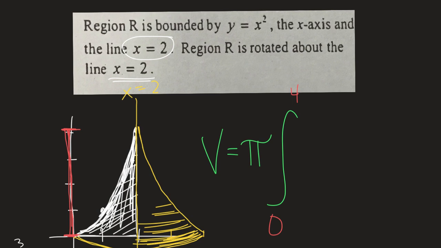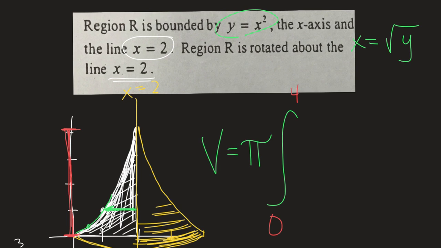So we need to figure out what the radius is. How do we find the radius of this function? It's a horizontal radius, so we're finding the difference between this curve and our line. If we have y equals x squared, that means x equals the square root of y, right? Because this is now an x distance.